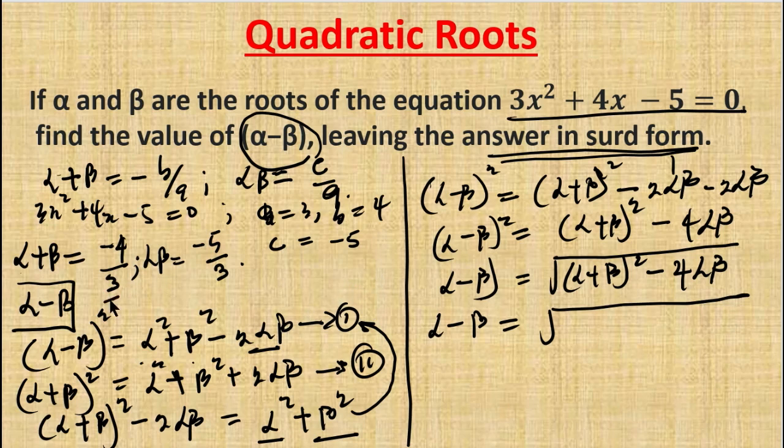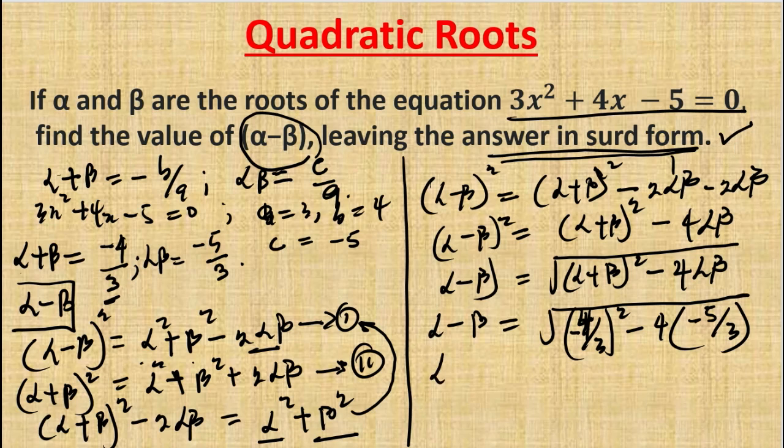That alpha plus beta we know is equal to minus 4 over 3, all squared, minus 4 into minus 5 over 3. Remember, I'm asked to leave my answer in short form.